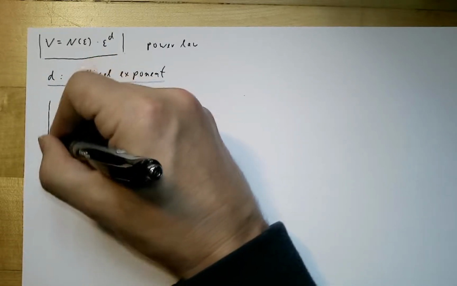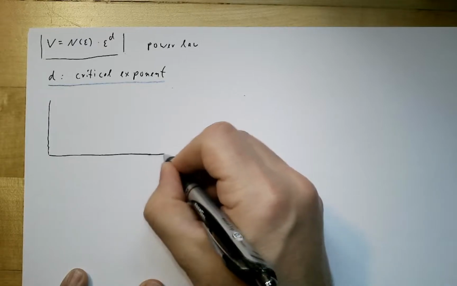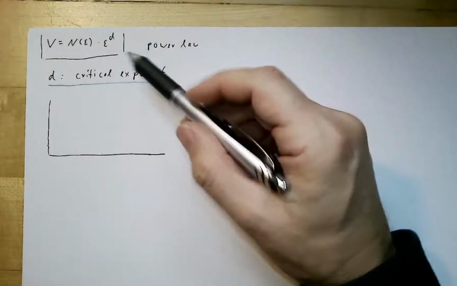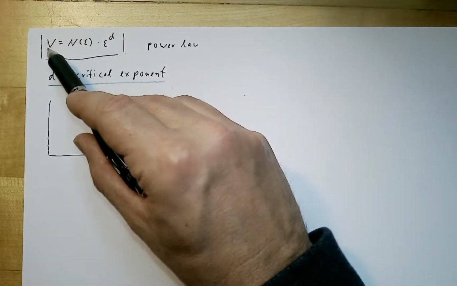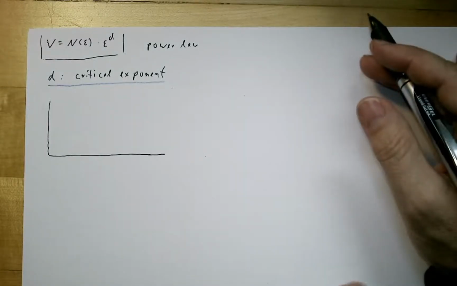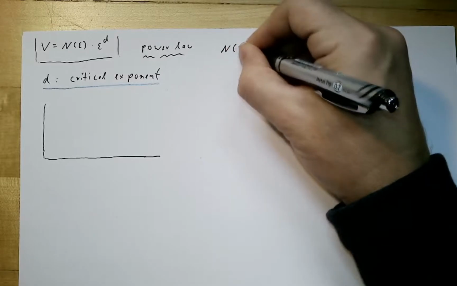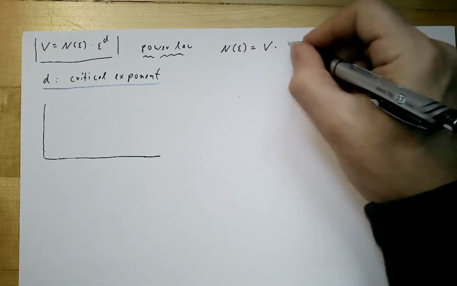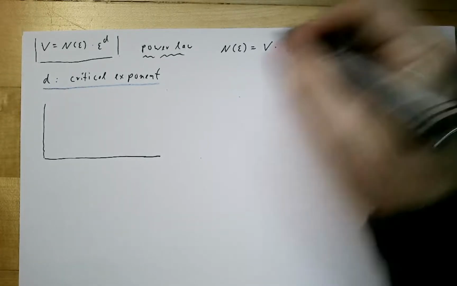We need to make a plot. And maybe we should have written this a bit differently, because this volume is a constant, and actually the power law we are interested in is N of epsilon equals the volume times epsilon to the minus d.